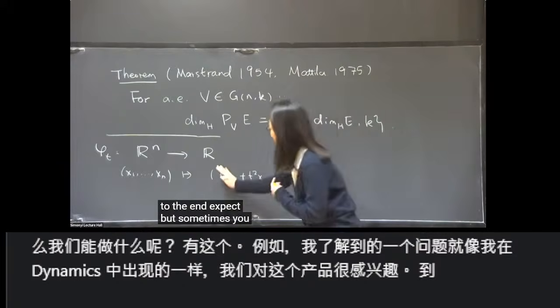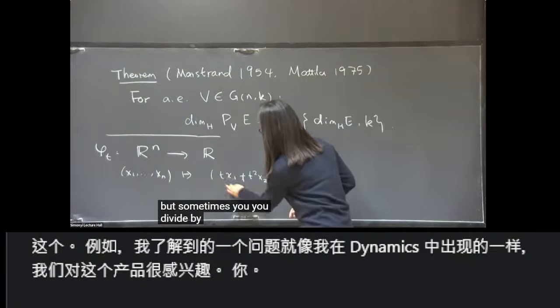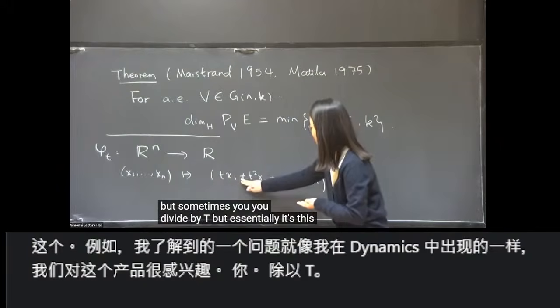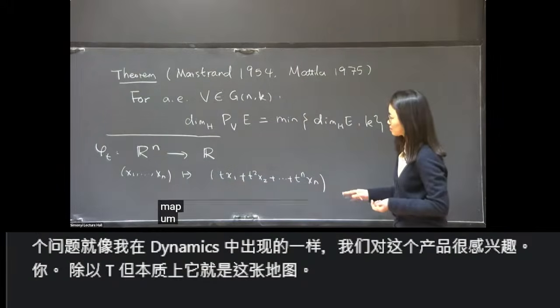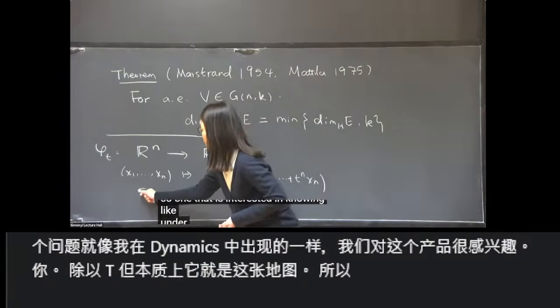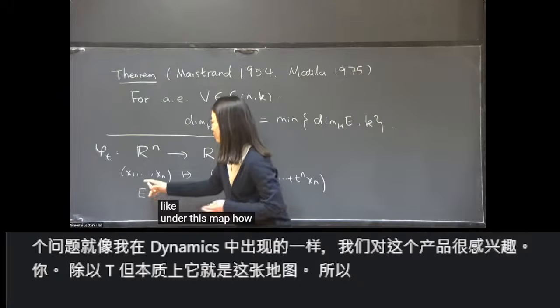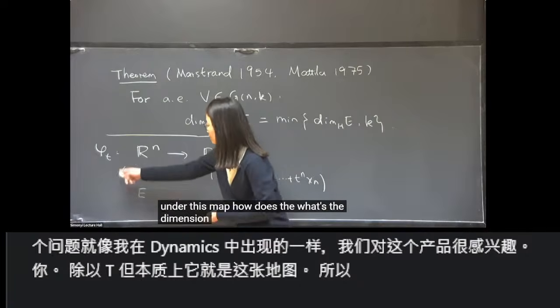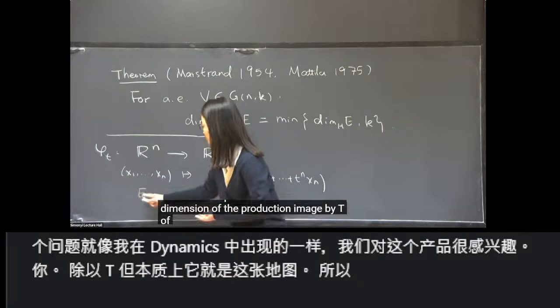Well, sometimes you divide by t, but essentially it's this map. So one is interested in knowing what's the dimension of the projection image by pi_t of E?